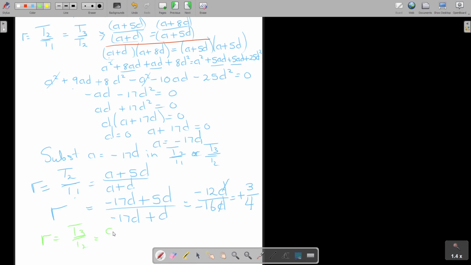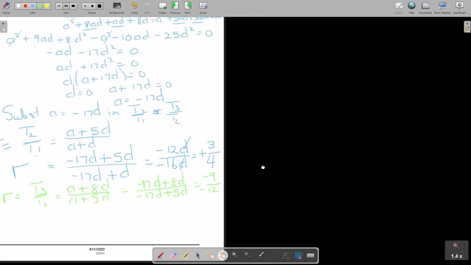Then it would have been (A plus 8D) over (A plus 5D), and that would have been (negative 17D plus 8D) over (negative 17D plus 5D), and that would have given me negative 9 over negative 12. And then I could have done exactly the same.